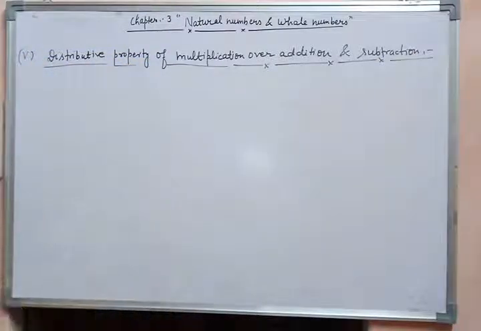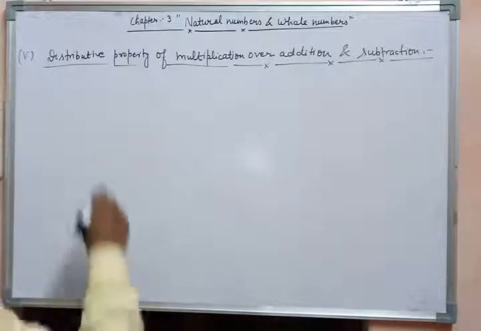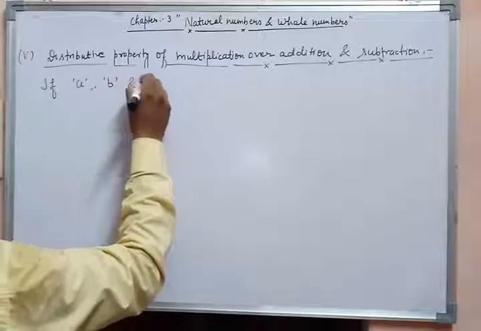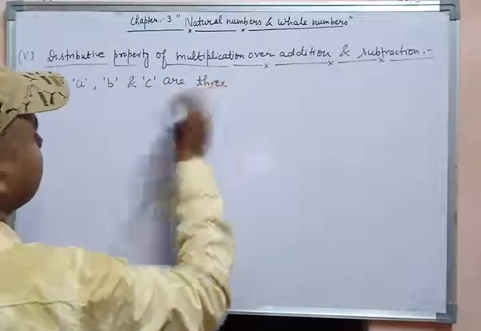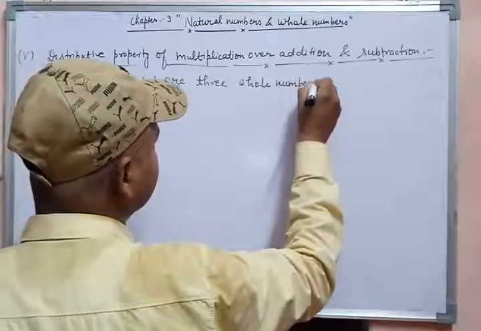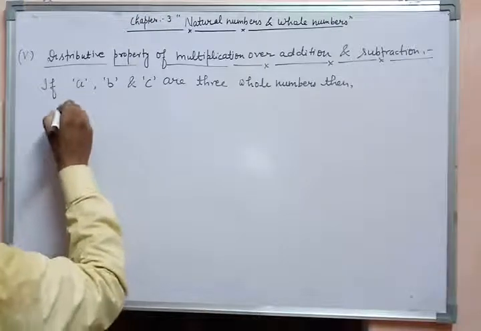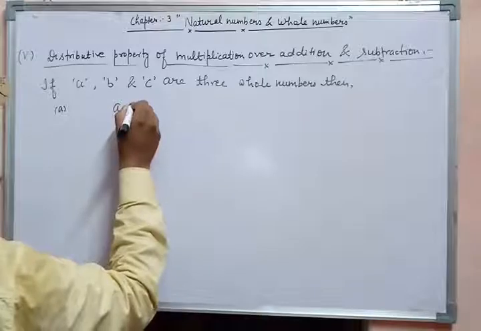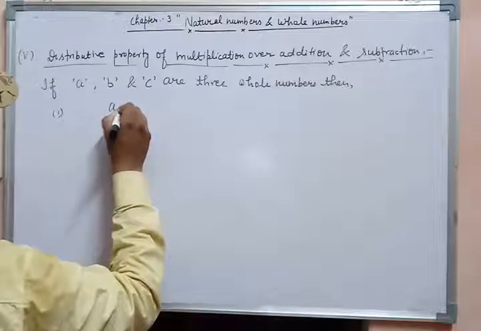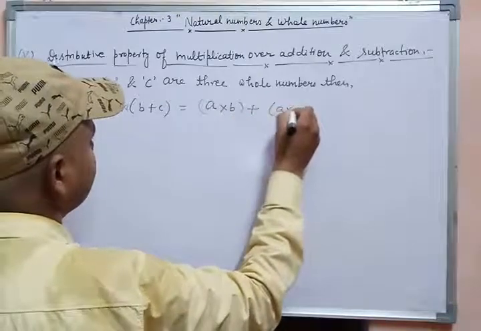Now I am writing this property: if A, B and C are three whole numbers, then we can write A into B plus C is equal to A into B plus A into C.